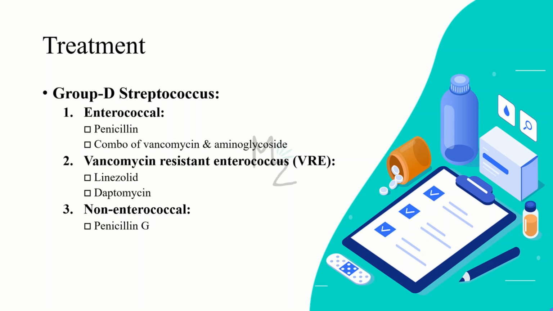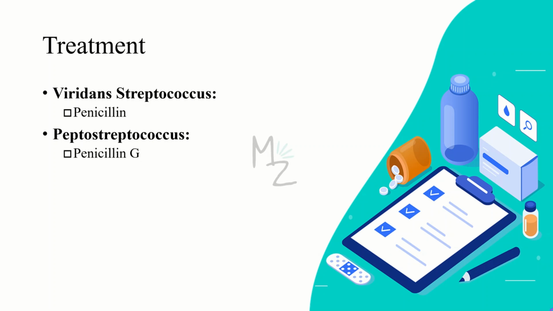The enterococcal infections caused by group D streptococcus are treated with penicillin or combination of vancomycin and aminoglycoside. But there are some vancomycin-resistant enterococcus, VRE, so they are treated with linezolid and daptomycin. And non-enterococcal group D streptococci, for example strep bovis, are not highly resistant and they can be treated with penicillin G. Viridans streptococcus is treated with penicillin.